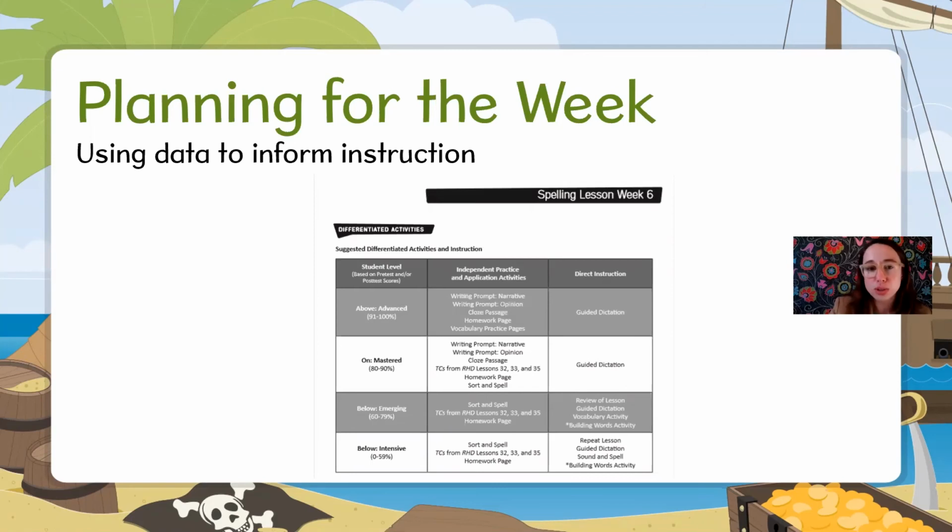So you would use those numbers and then know that every lesson has a differentiation table in it, and it shows you what would be best for students depending on how they did. For example, students who score below 59%, they would benefit from a spell and sort. But for your students who are coming in with mastery, we want to push them and to challenge them more.